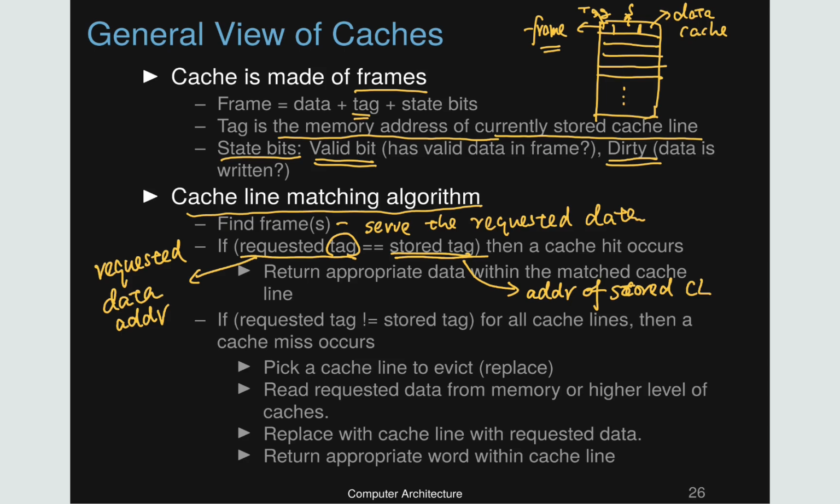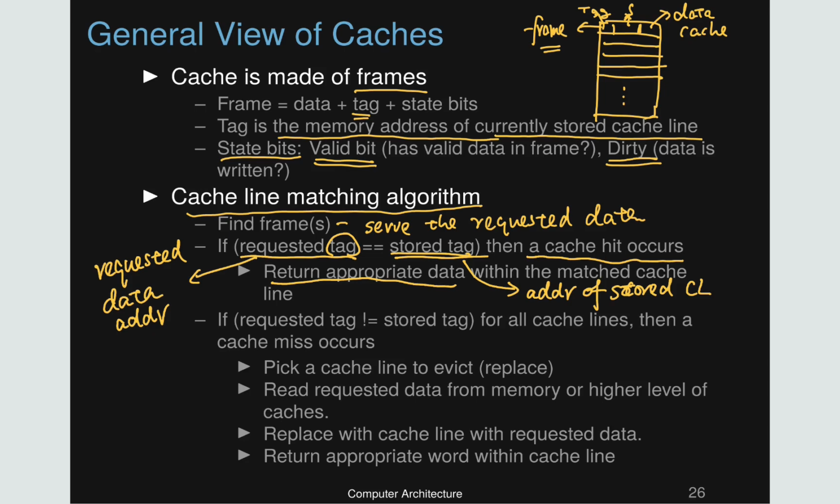We compare these two addresses for every frame. If for one frame the two addresses match, then we know that we have a cache hit. We have located the data that we required in the cache. Then all we need to do is return the proper data within the matched cache line.